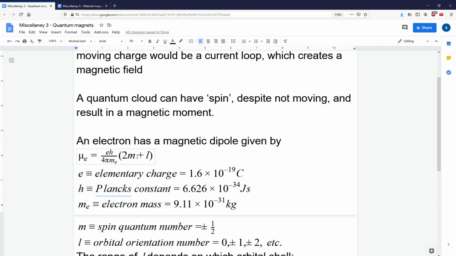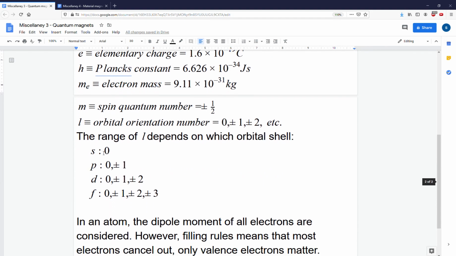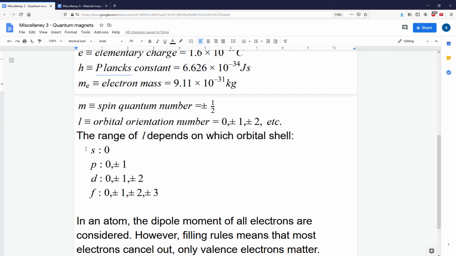They are certain specific values. l, on the other hand, depends on the electron's orbit, and the possible values of l depend on which orbital shell it's in. If that electron is in an s shell, then l is automatically 0. If it's a p shell, it can either be 0 or plus or minus 1, etc.